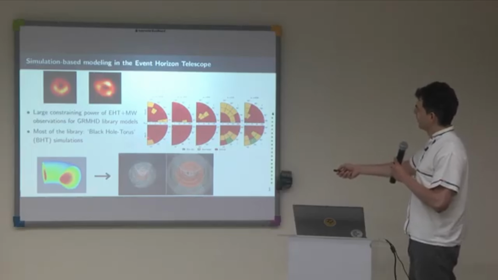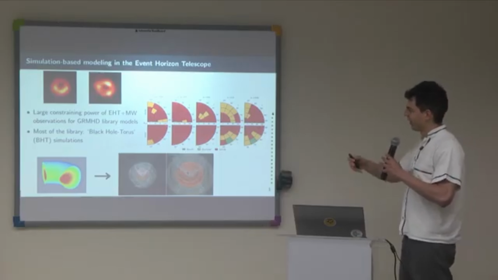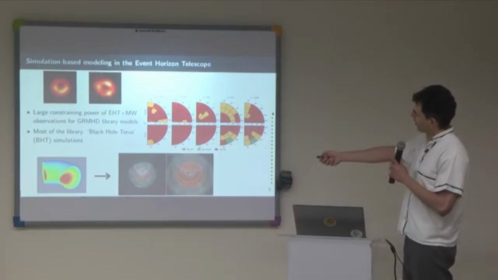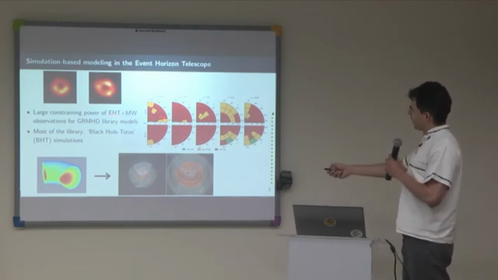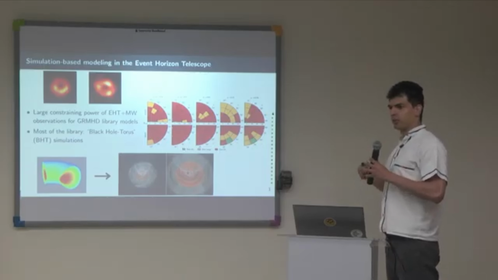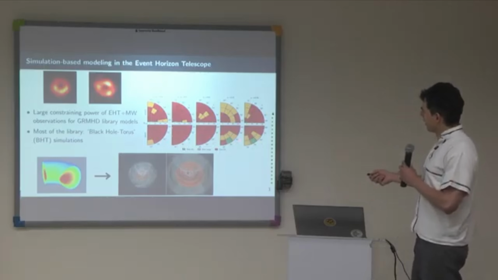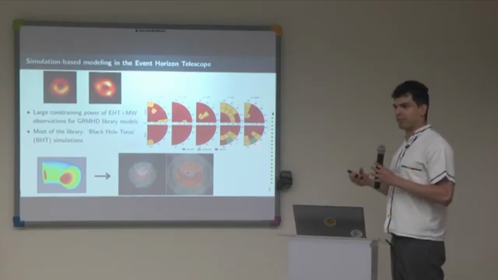And there are different ratios between the proton or ion and electron temperature, which is represented by the radius of these pizza plots. So, already with these still limited observations that we currently have, these constraints show that there is only a very limited set of models that pass the constraints.